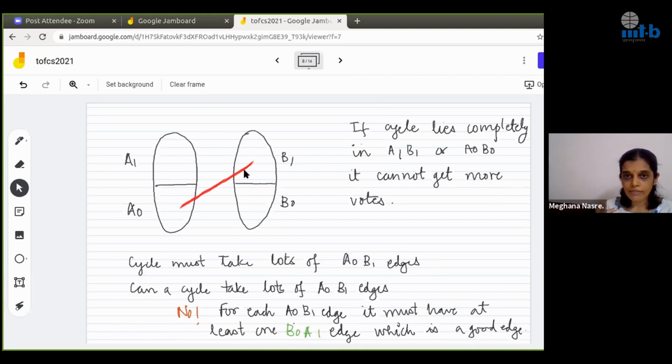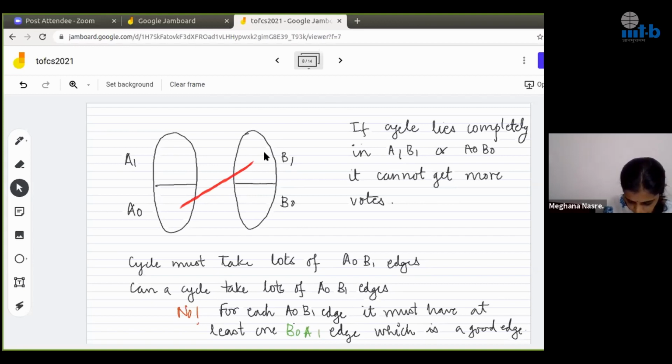The only case where we have to worry is if it uses this B1 A0 or A1 B0 edge, right? So I would like us to see how we collect a large number of these edges. What I am going to now try is to draw this cycle.